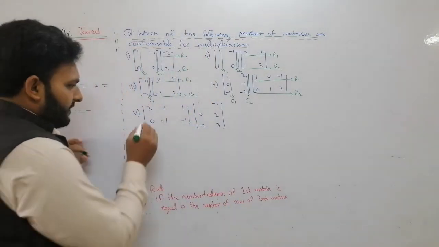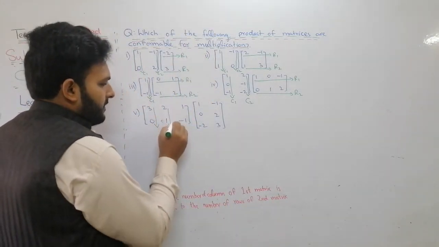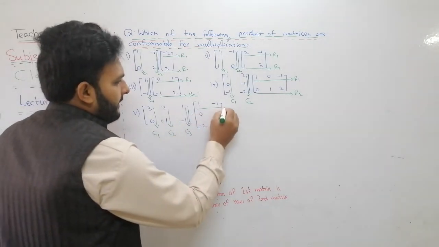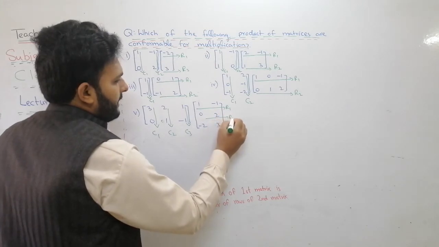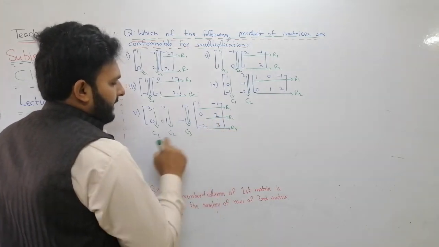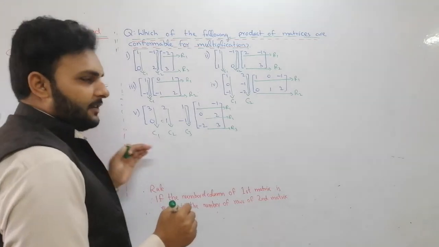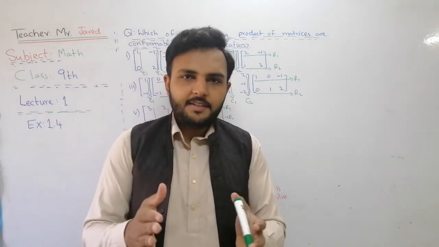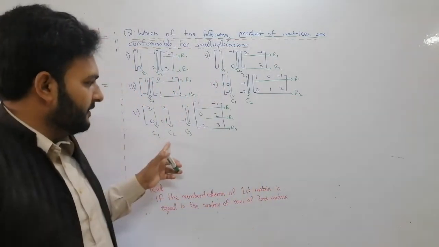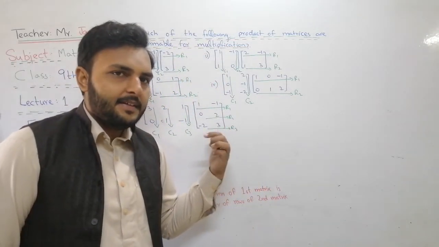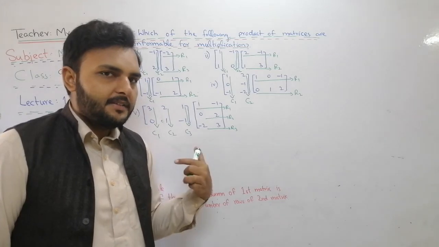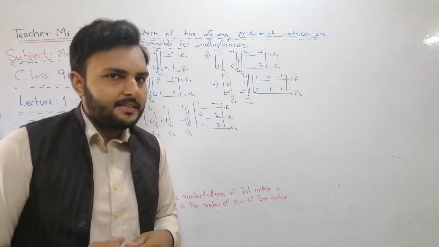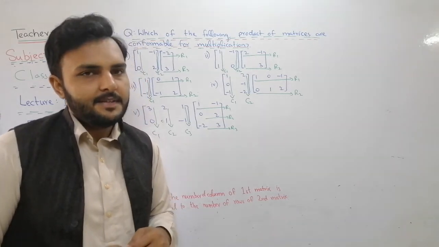Next, how many columns? 1, 2, 3. So you write C1, C2, C3, and R1, R2 and R3. There are 3 columns in the first matrix and 3 rows in the second matrix. So the number of columns in the first matrix is equal to the number of rows in the second matrix. So these matrices are conformable for multiplication.